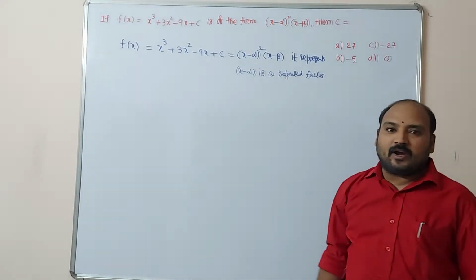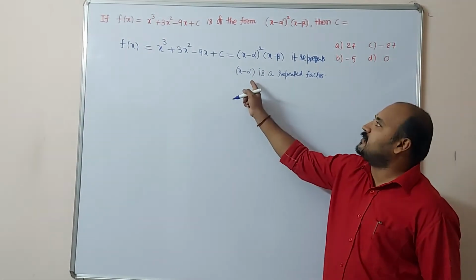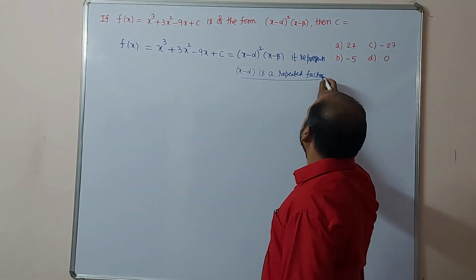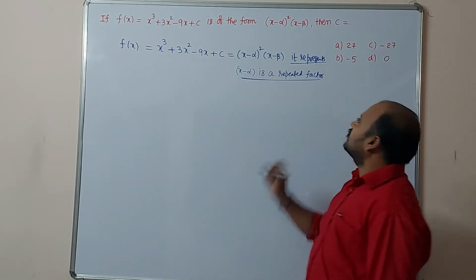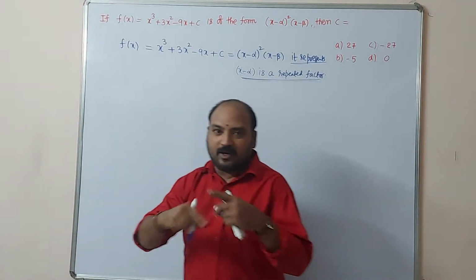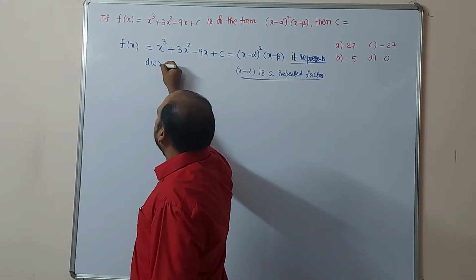Whenever there is a repeated factor, for the first derivative of this function, it is one of the factors. It represents x minus alpha is a repeated factor. So to check whether it is a repeated or multiple factor, differentiate with respect to x.